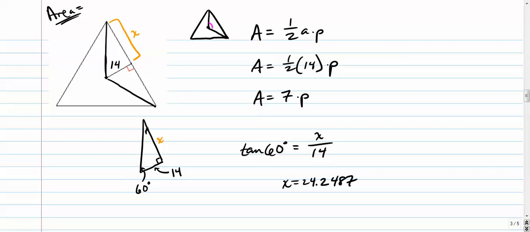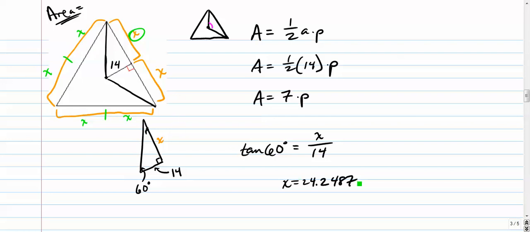So we need to add another one of those here. And then this whole distance is 2 of those x's, and then 2 more. So really, if you think about it, we just found x, and there are 6 of them all together. 1, 2, 3, 4, 5, and 6.